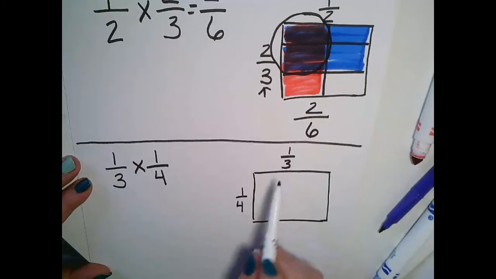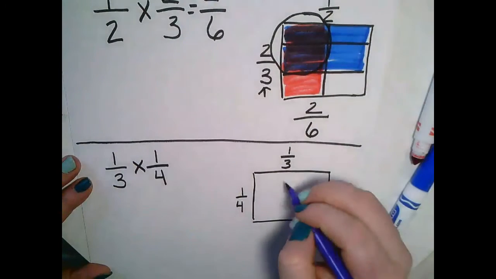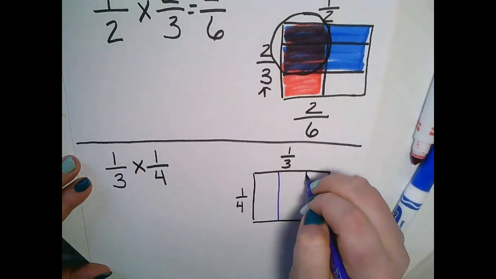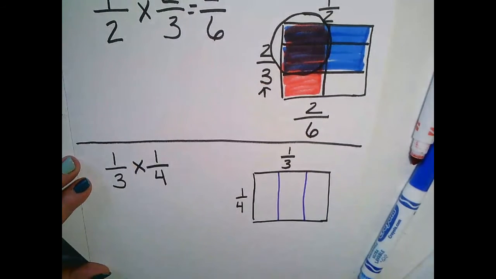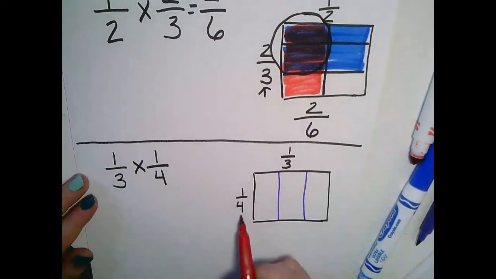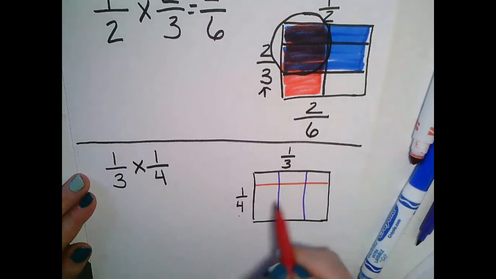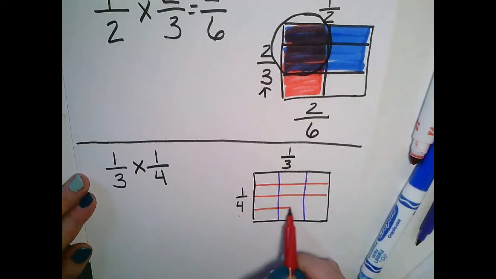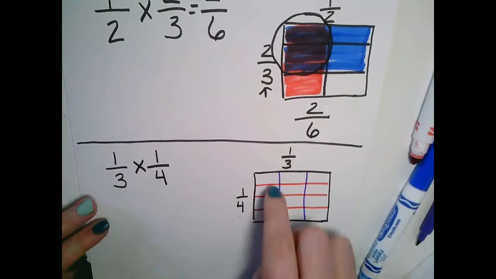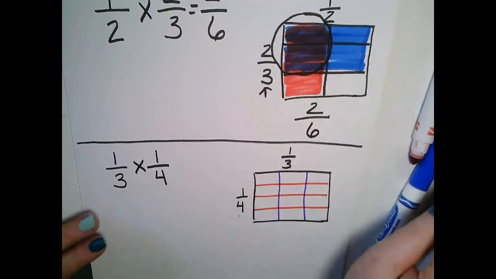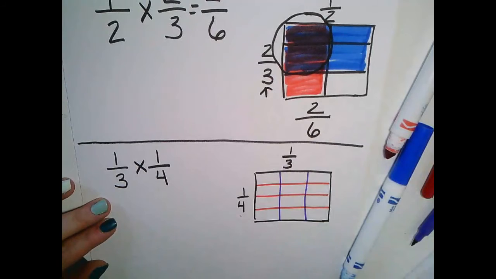So when we separate it into 1/3, you're going to go thirds, 1, 2, 3. And then when you divide the square into the fourths, you're going to go 1, 2, 3, 4. You now have 4 parts of our square.